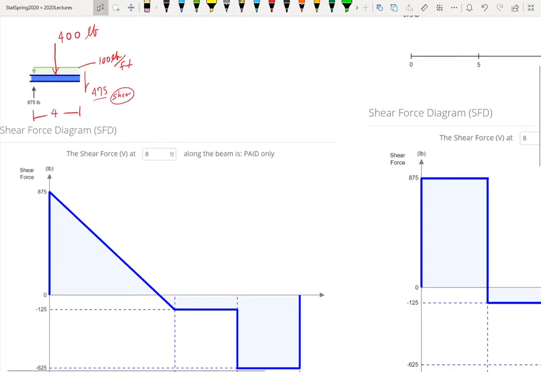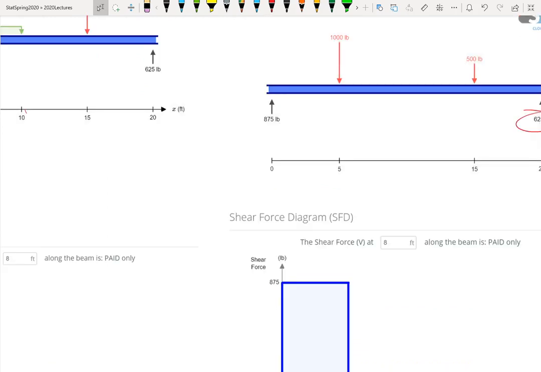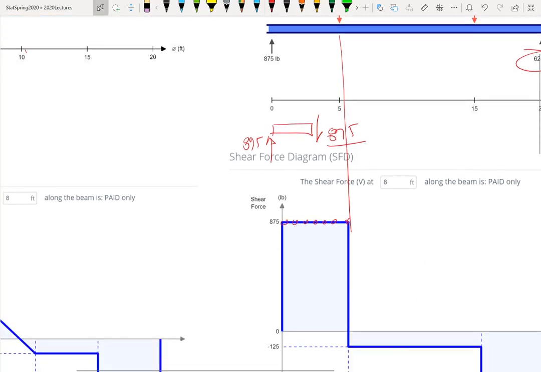But let's look at this one. Free body diagram here is much easier to look at. I'm going to just not even take a picture of it. We move out here 4. I have 875 looking here. This has to be 875. So as I move out here until I get 5, it has to be 875 the whole way. Why?